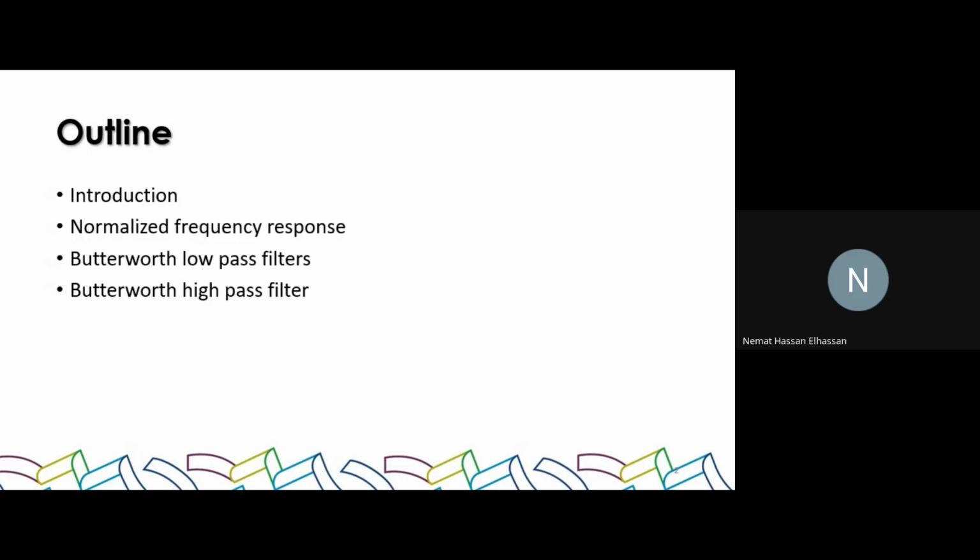Today, we're going to learn a little bit more advanced circuit types. Remember that when we studied filters in the first week, 2 weeks ago, we said that we have ideal and non-ideal behavior, right? For example, when this is frequency and this is gain, this is a low pass filter, right?